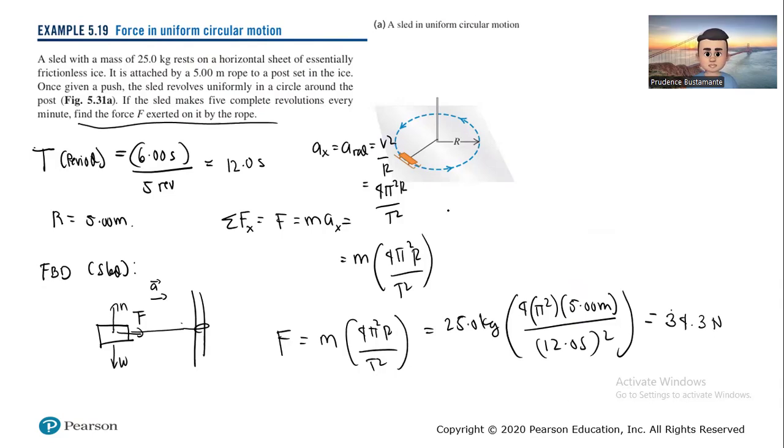So, by the way, the acceleration is actually equal to 1.37 meters per second squared.